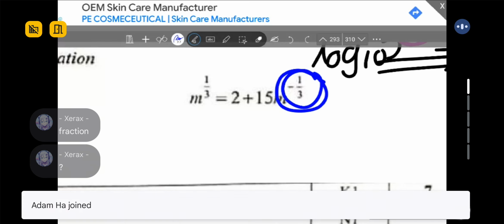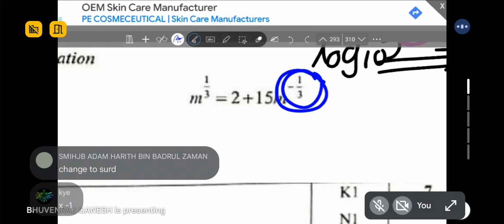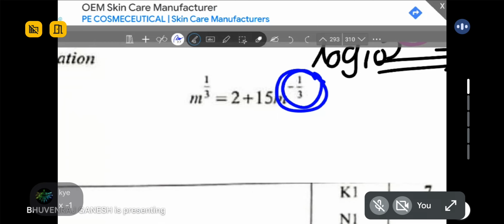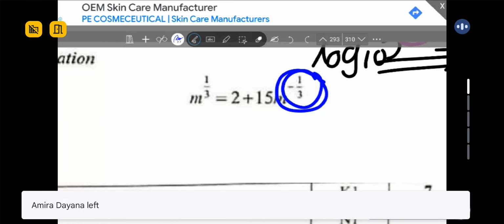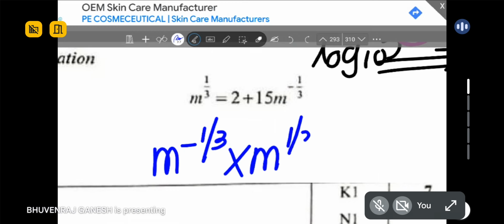Okay, let's say I don't want fraction. What you can do, guys, you see this, m power negative 1 over 3 times m power 1 over 3. What is your answer, guys? May I know? Apa jawapannya ni?